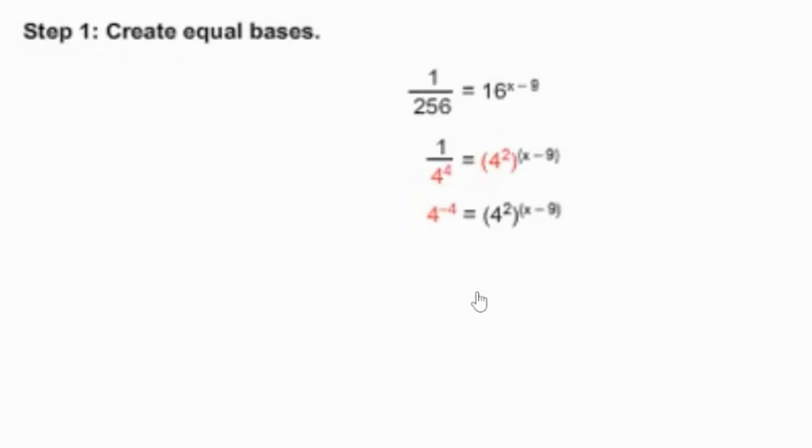On the right side of the equal sign, there is a power raised to a power. By the power of a power property, these exponents will be multiplied. Be sure to distribute. Now, solve for the variable. Once the bases are identical, eliminate both bases and find the value of the variable.